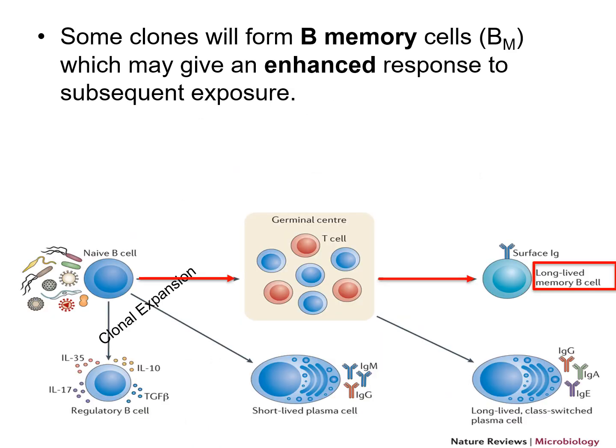Now that it is activated, it produces a bunch of different types of B cells. Here's one example. You're going to produce some memory cells. So some clones will form memory cells, which may give an enhanced response to subsequent exposures.